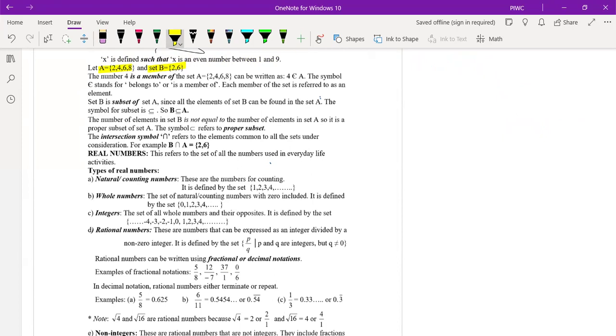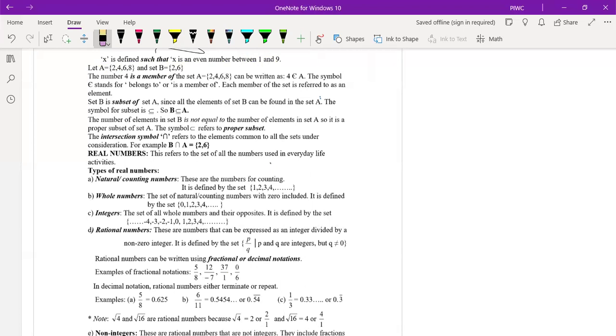Now the number 4 is a member of the set A. So 4 belongs to A. You can see 4 over there. We can say that 2 is also a member of set A. 6 is a member of set A. 8 is a member of set A, and so on. 6 over here is a member of set B, and 2 here is also a member of set B, right?